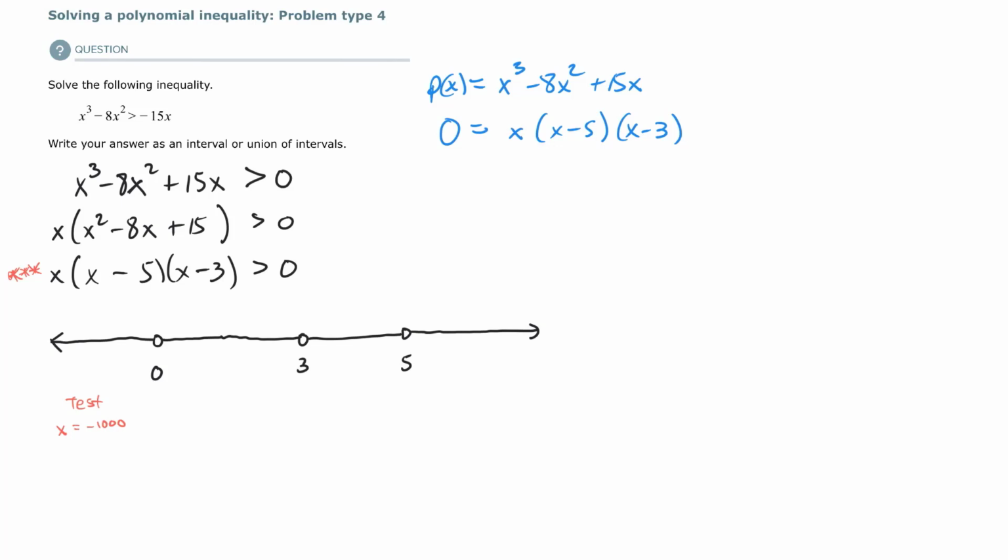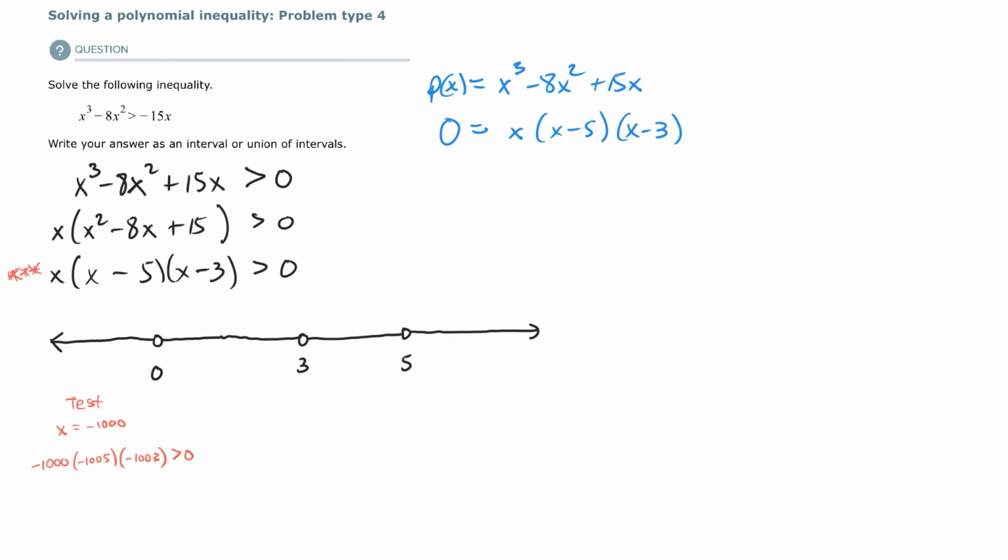You could easily see that you get negative 1,000, and then you have negative 1,005, and then you have to multiply it by what? Negative 1,003. Now, I'm not really concerned about the numbers so much. I just want to know, is this greater than 0? In other words, is this inequality true or false?